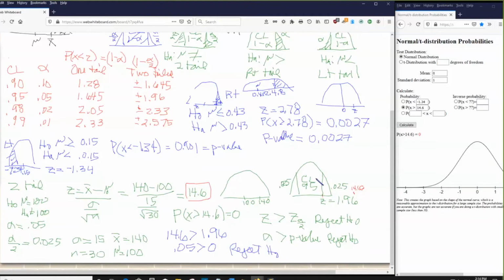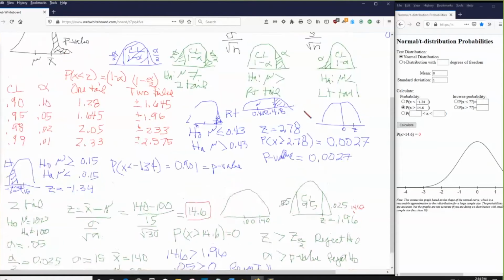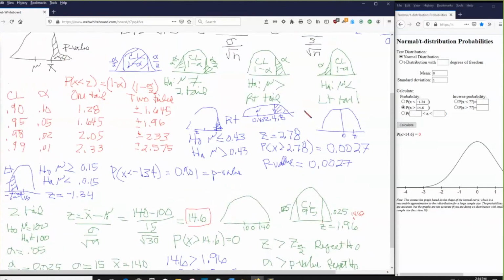Okay, let's look at the two prior examples and see with those. Were we given an alpha? No. So the first two just showed us how to solve for the p-value and the data so that you can see what those look like.